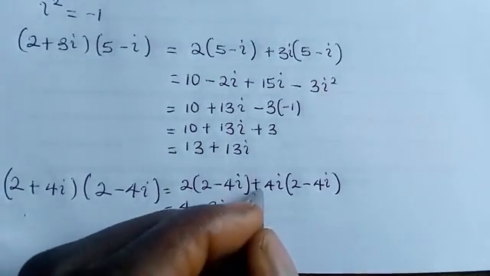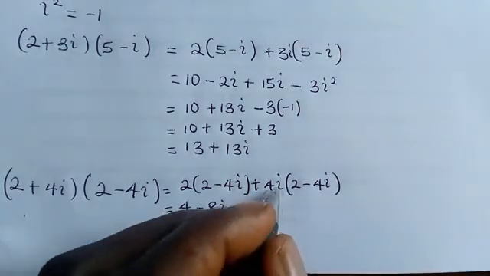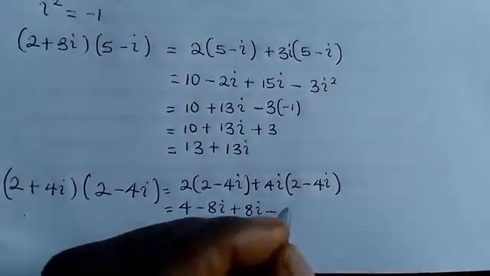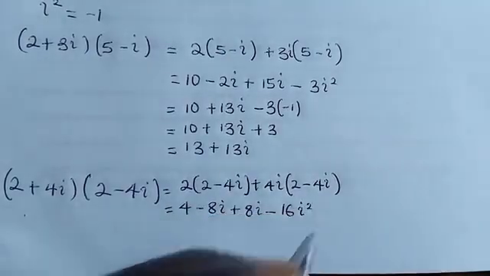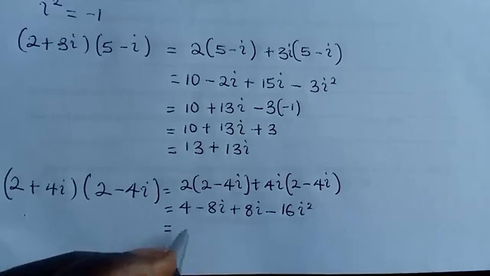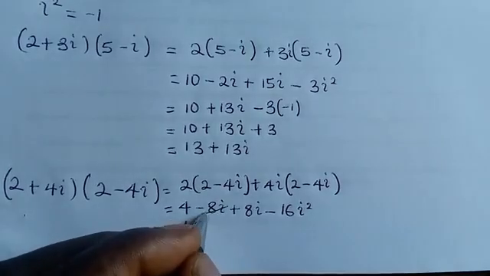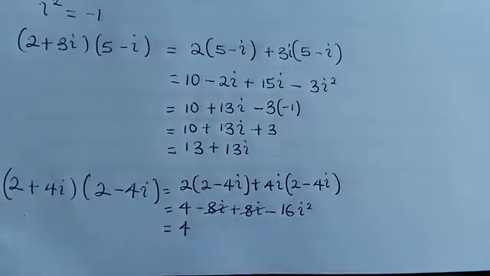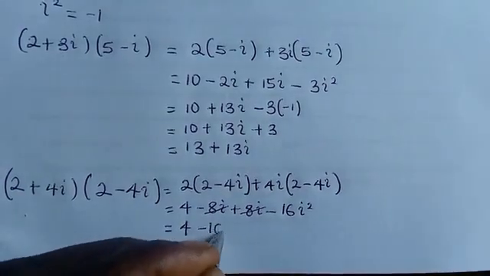Then plus times minus, we are going to have minus 4i times 4i, we are going to have 16i squared. Coming to this next step, we have 4 minus 8i, we go with plus 8i, and we are left with minus 16.